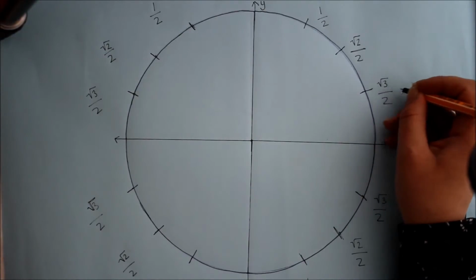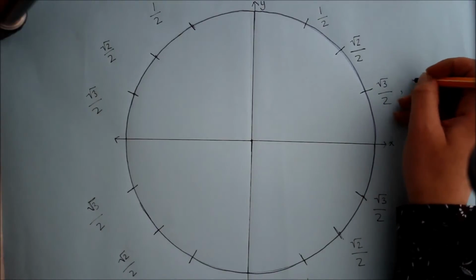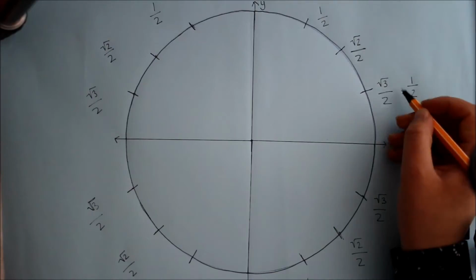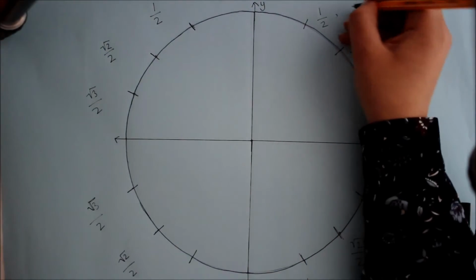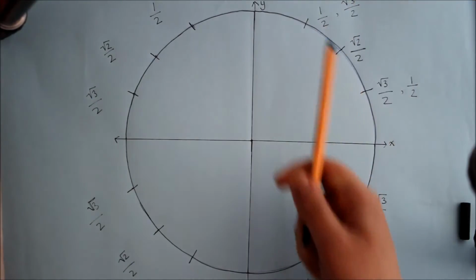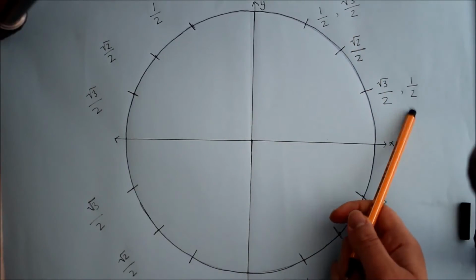And when it comes to square root 3 over 2, we always have the number 1/2 next to it. So on this number, it should be square root of 3 over 2. So if you notice, we just flipped the order of this.